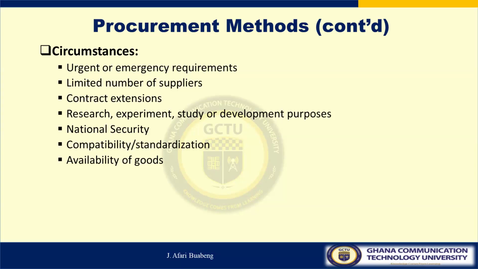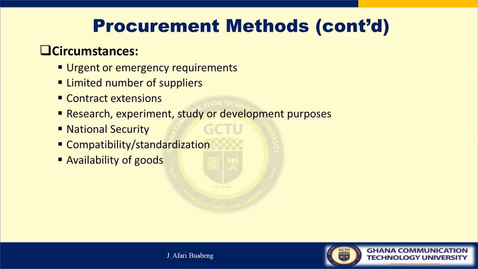So for that matter, we want to be dealing with just this supplier, just that contractor, because of what we have been able to create for ourselves. Because the moment you mention that, people know us for this. Once you allow other people to come in, it means they are coming to contaminate what we are known for. So we don't want others to come in.